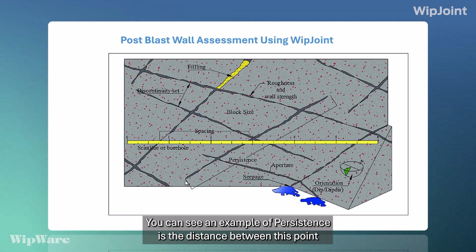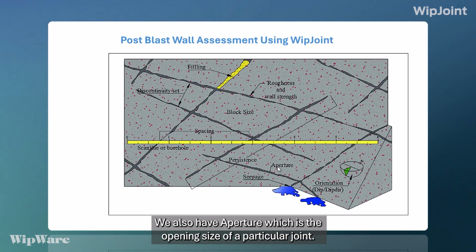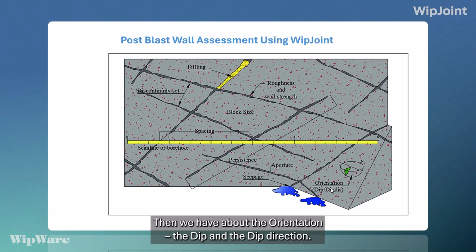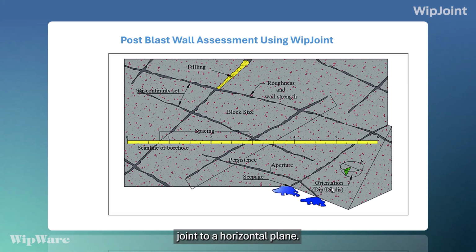An example of persistence is the distance from these points of the joint to this particular location. We also have aperture, which is the opening size of a particular joint. Then we have orientation: the dip and the dip direction. The dip is basically the inclination of that particular joint to a horizontal plane.